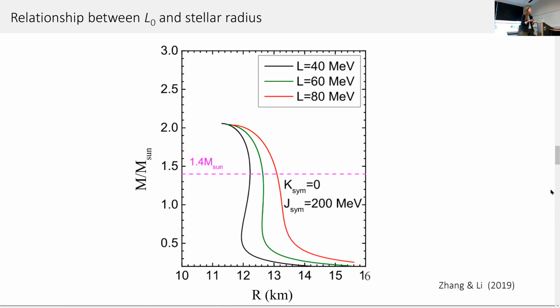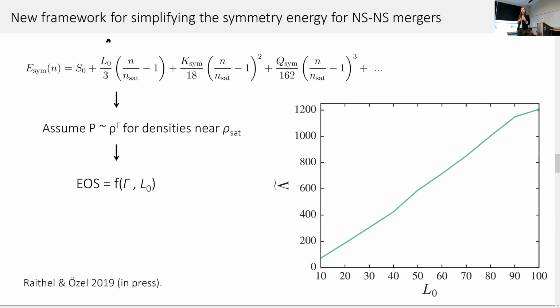The problem is that this is a multi-dimensional problem. If you want to include all of these coefficients, we're talking about 4 parameters to orders that are typically included. You could include it to infinite parameters, but typically people use at least the first 4 coefficients when writing down the symmetry energy.